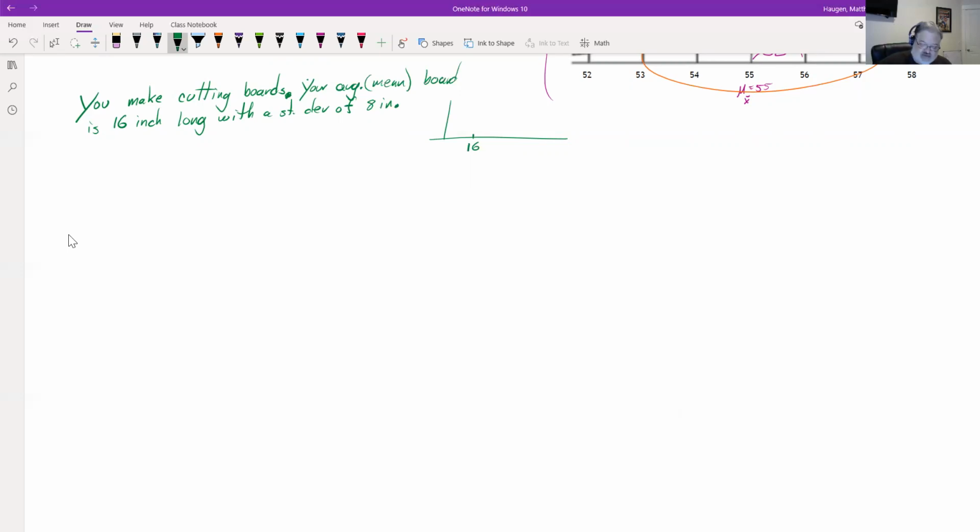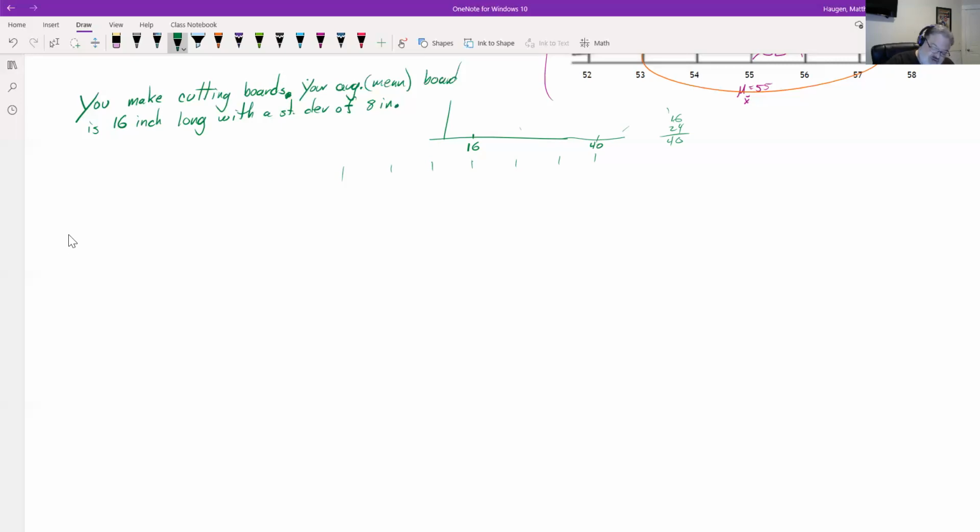If it was normally distributed, all of our cutting boards should be within 3 standard deviations above and below the mean. Going up 3 standard deviations is an extra 24, so 16 plus 24 is 40 inches, which would be a massive cutting board, but okay.